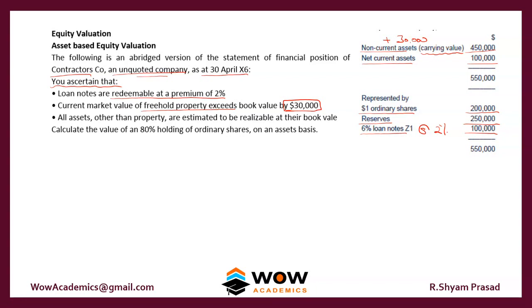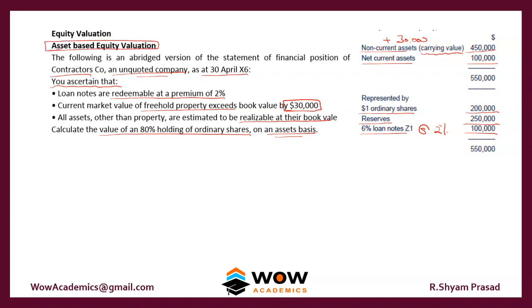All assets other than property are estimated to be realizable at their book value. So the net current assets can be realized at the book value itself. He's asking you to calculate the value of an 80% holding of ordinary shares on an asset basis. So it is the asset-based valuation method that he is asking.